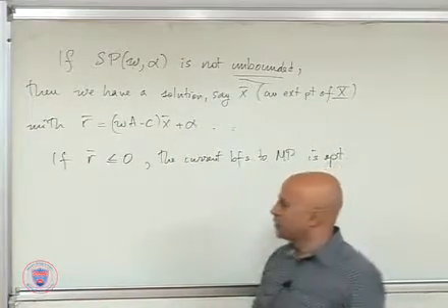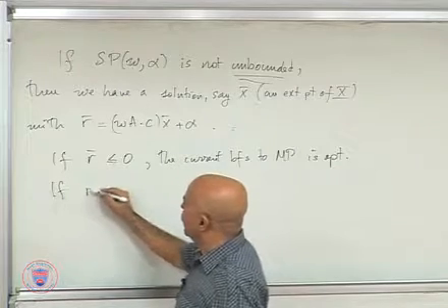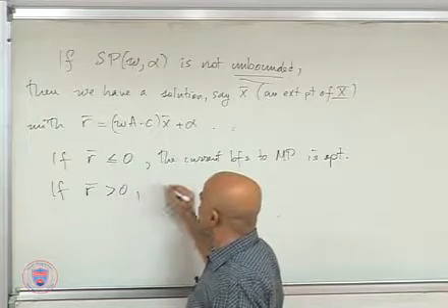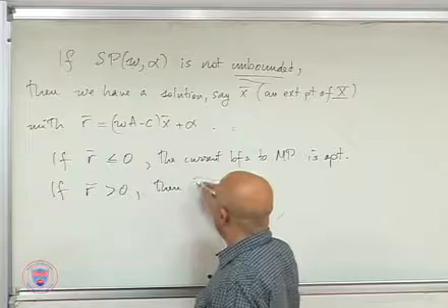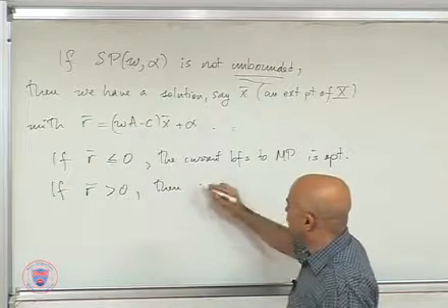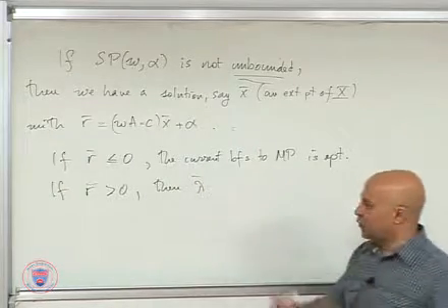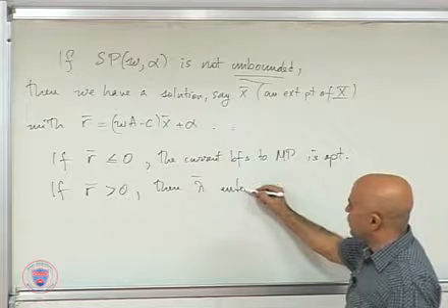so there's nothing to enter. If, on the other hand, r bar is positive, then x bar, or lambda bar associated with x bar, enters.